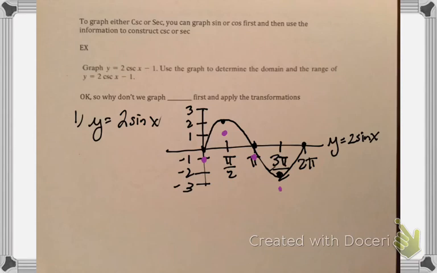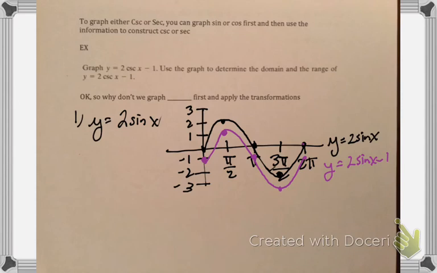And then at 2 pi, it was 0, so it becomes -1. So I have a graph here in purple. That is y equals 2 sine x minus 1. Okay, so the purple graph is what I'm going to use.